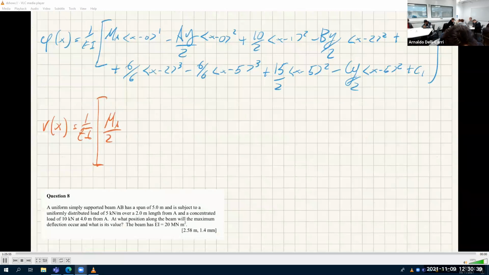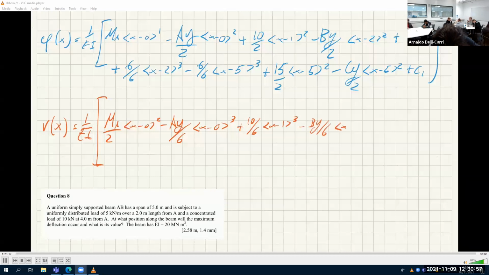MA divided by 2 x minus 0 to the power of 2 minus AY divided by 6 x minus 0 to the power of 3 plus 10 divided by 6 x minus 1 to the power of 3 minus BY divided by 6 x minus 2 to the power of 3 plus 6 divided by 24, x minus 2 to the power of 4, minus 6 divided by 24, x minus 5 to the power of 4, plus 15 divided by 6, x minus 5 to the power of 3, minus CY divided by 2, x minus 5 to the power of 3.